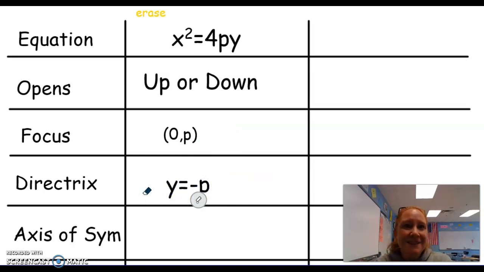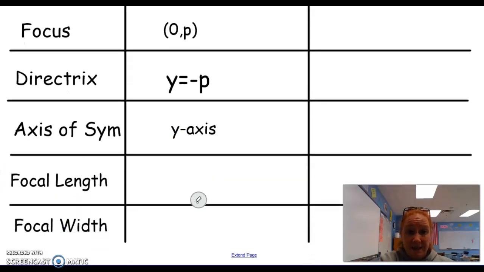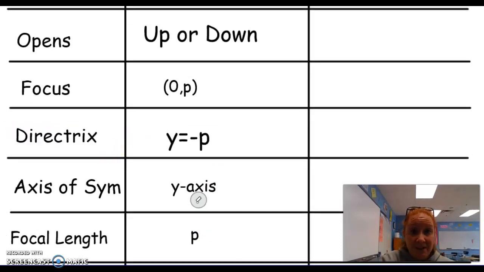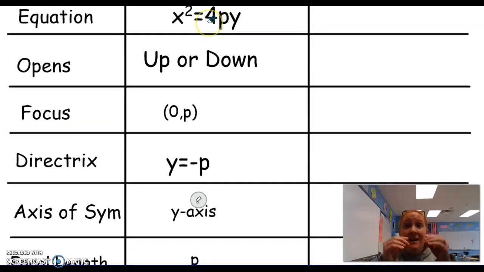The axis of symmetry in this case, because it's not shifting side to side, is right down the middle, up and down, so that's going to be the y-axis. The focal length means how far is the vertex from the focus, p, and therefore the focal width is always going to be that 4p, whatever's in front of the y. From the focus to the side and to the other side, that's how big that's going to be.